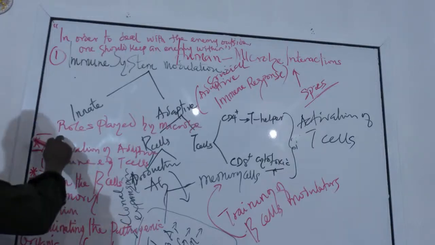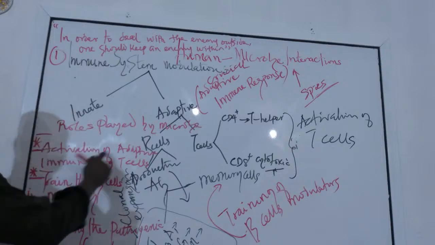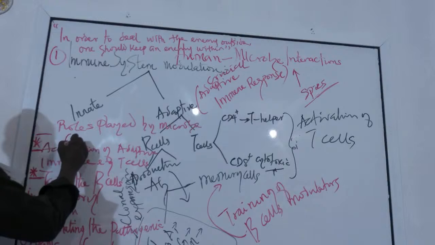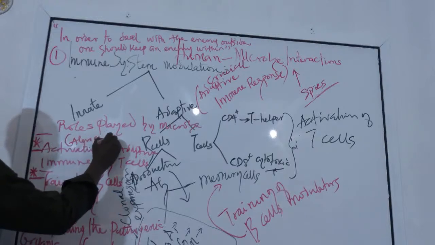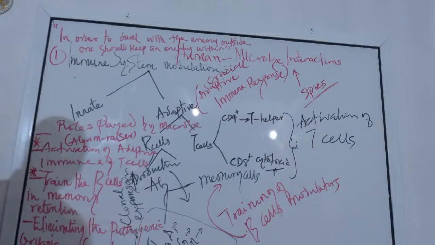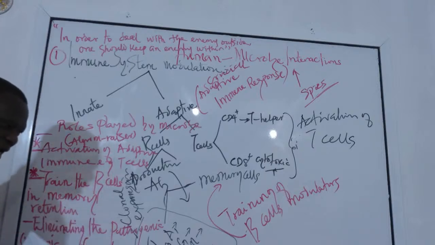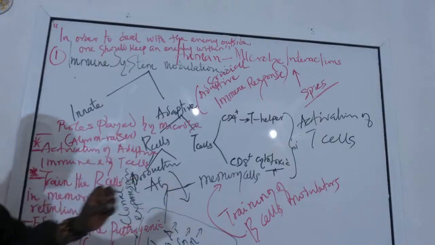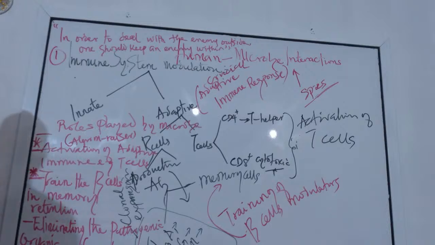So apart from activating the adaptive immune system by raising the alarm, they also train. Training means that whenever you see a structure like this, it is from this type of enemy; if you see any antigen like this, you should recognize it and know how to deal with it. So it also helps in memory retention.